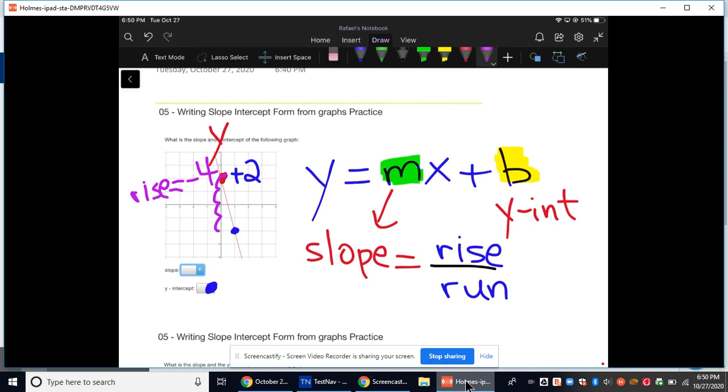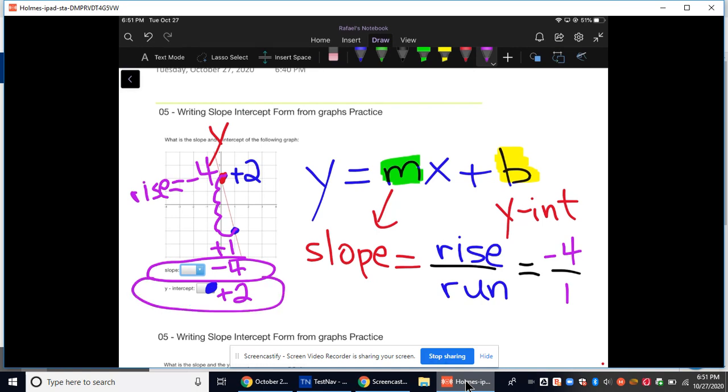You always run to the right, and I'm running to the right +1 times. So my rise over run equals -4 divided by 1, which is just -4. All right? So that should be your slope right there. Y-intercept is +2, and your slope is -4. All right? Let's move on to the next one.